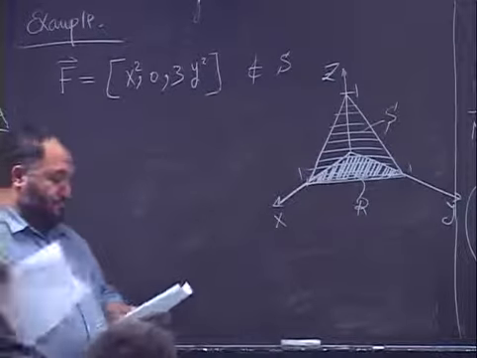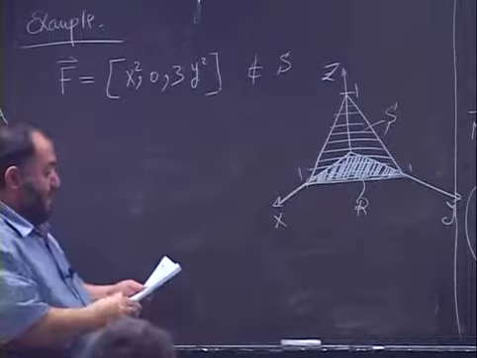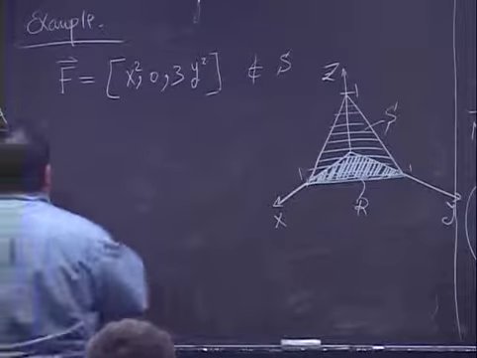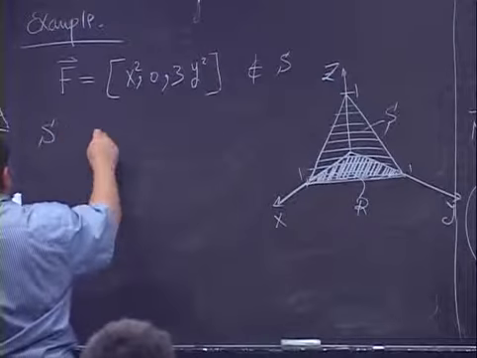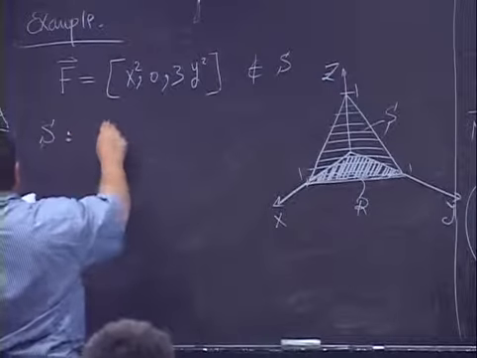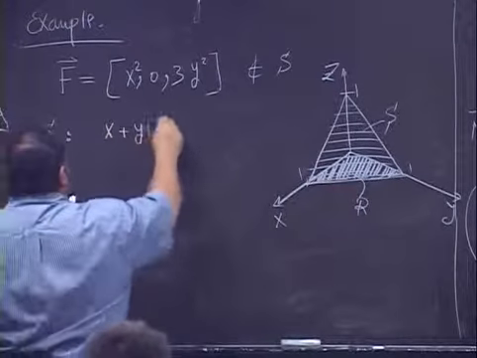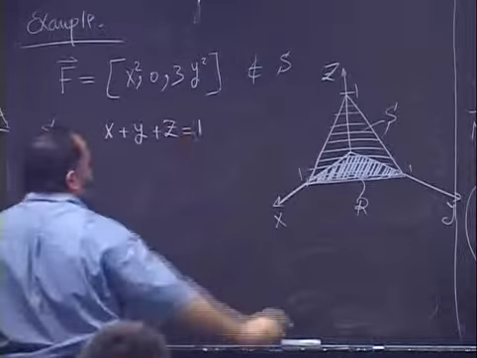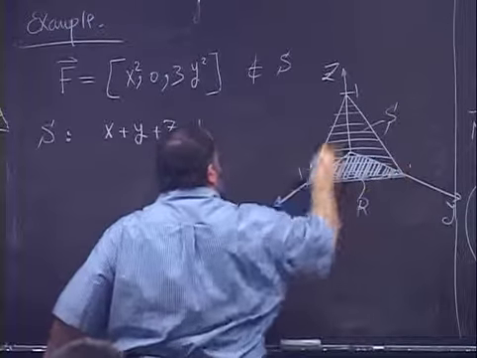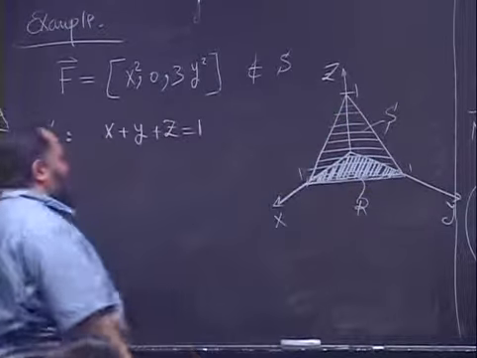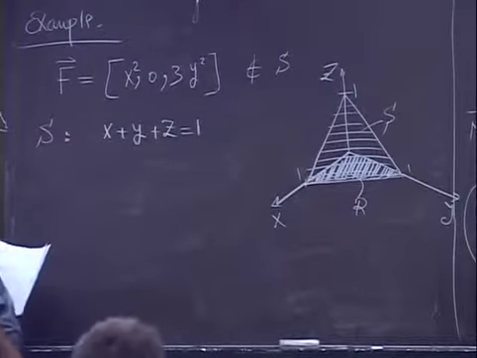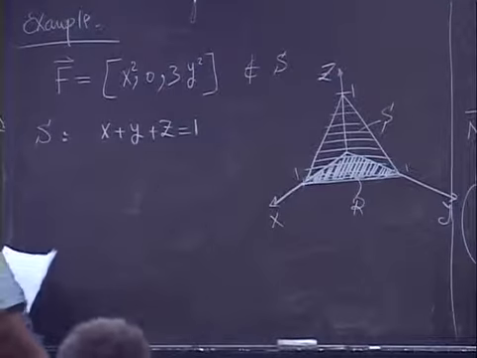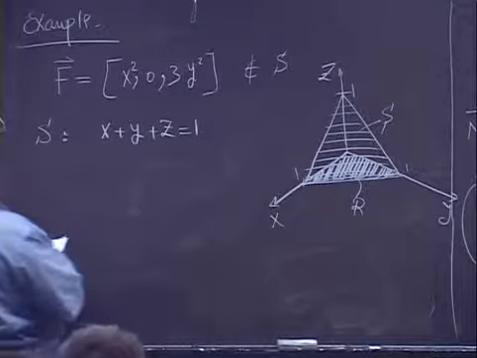So let's say S is a portion of this plane, X plus Y plus Z equal to 1. So any point on this surface, X plus Y plus Z will give you 1. So this is the surface 1, 1, 1. And we want to evaluate it in the first octant, for example.